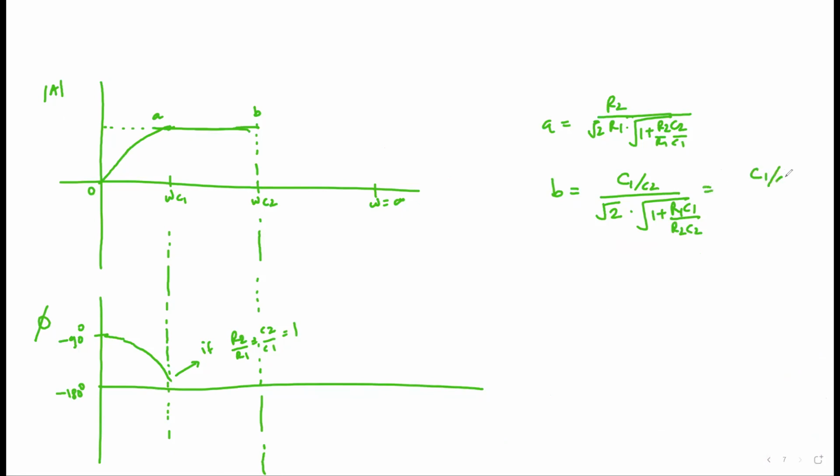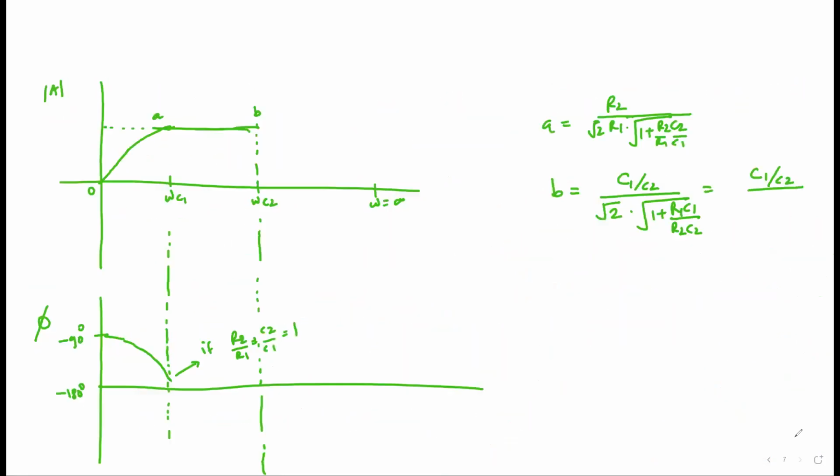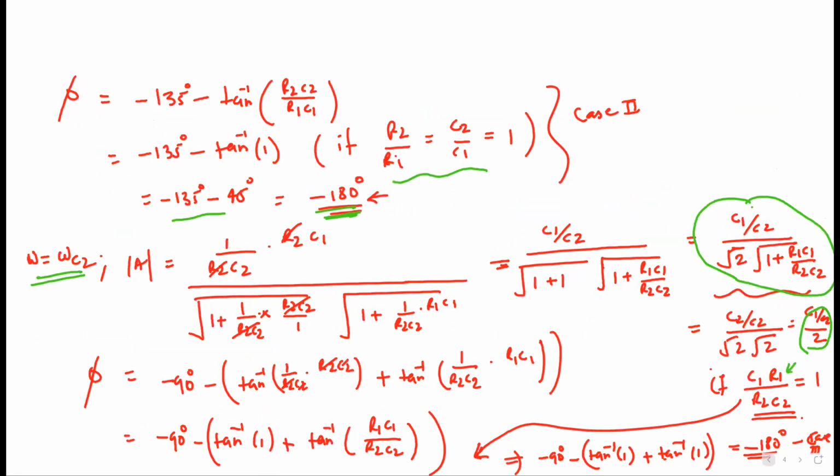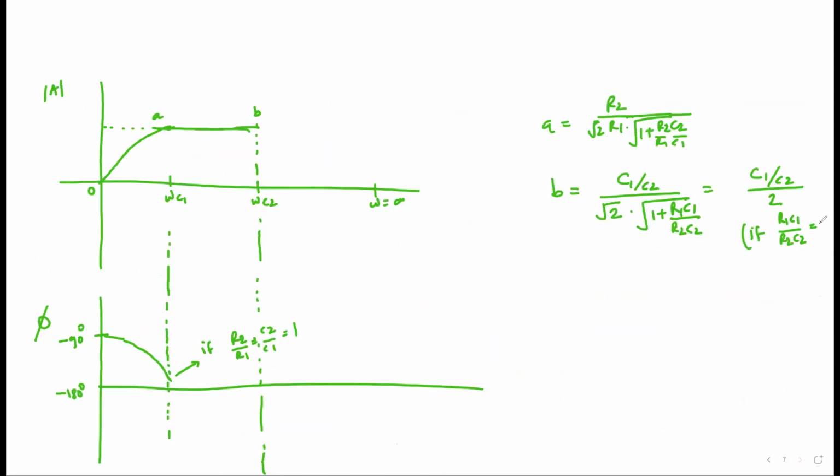And this simplifies to C1 over C2 divided by 2 if R1 C1 over R2 C2 is made equal to 1 right here.